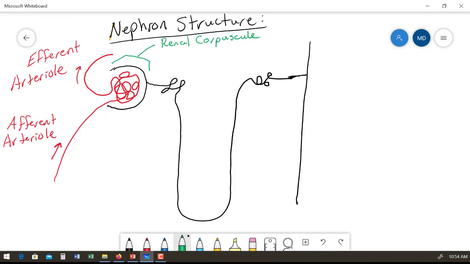The renal corpuscle has two parts. The outer part, which is shown here in black, so let me highlight that. And so you can label this independently if you want to. This outer part is called the glomerular capsule.